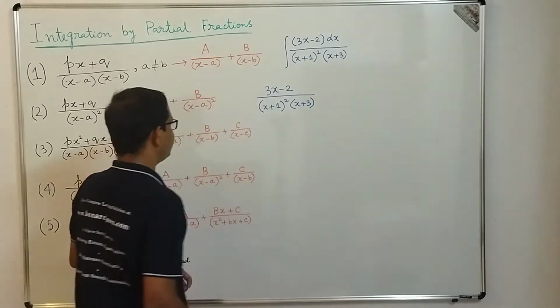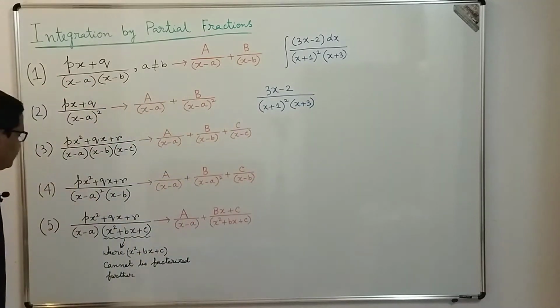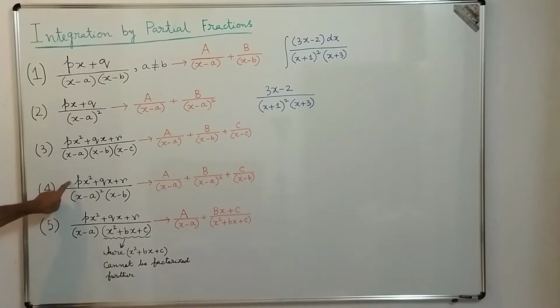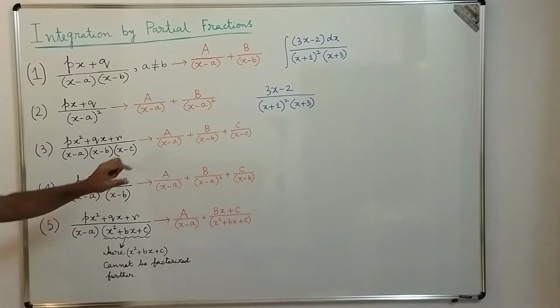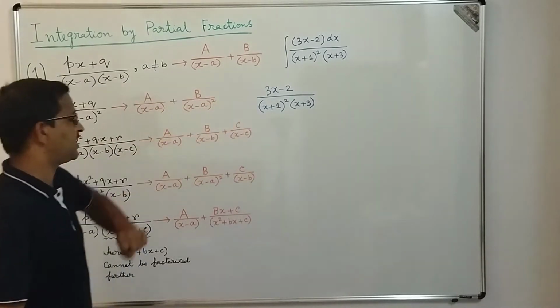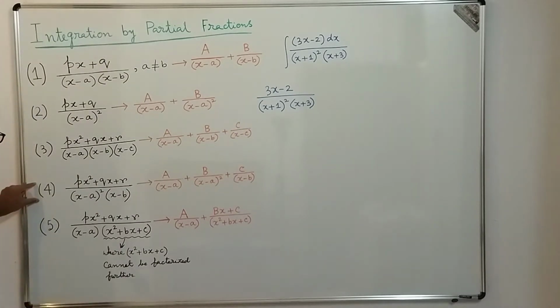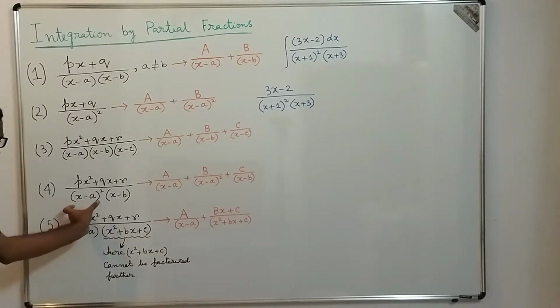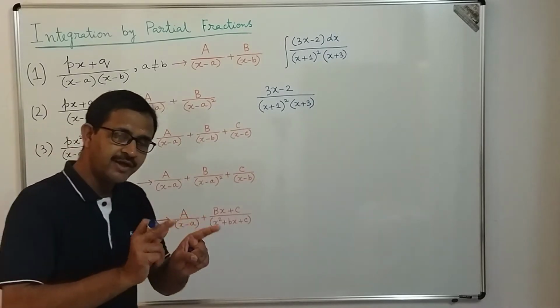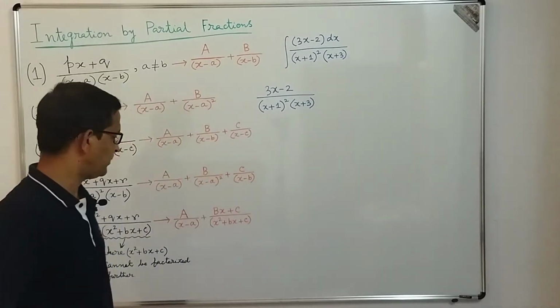We need to first see which category it is coming into, and we see this is coming into the fourth category, where the denominator is a square of a linear expression.